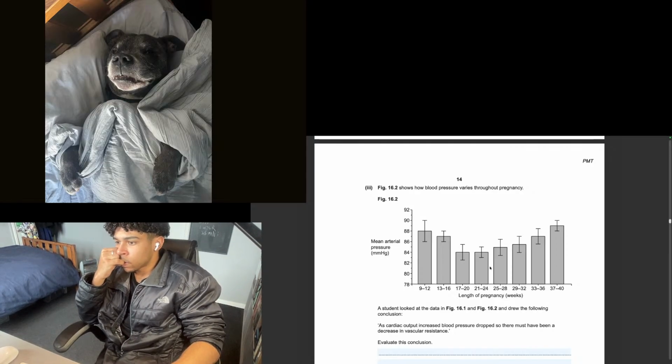Finish the data of figure 6.1 and 16.02 and drew the following conclusion as cardiac.